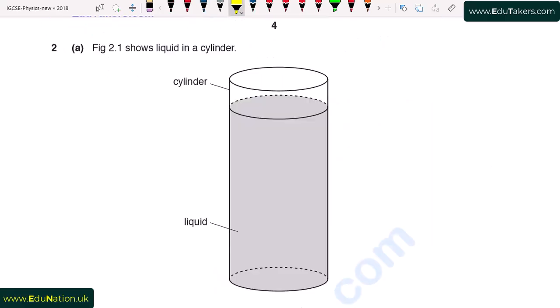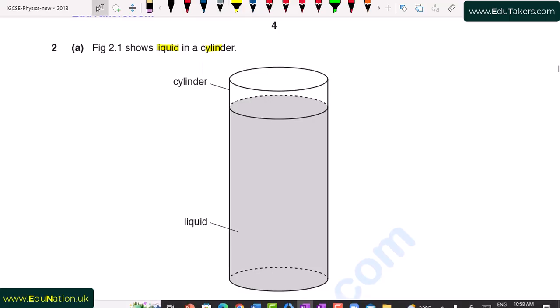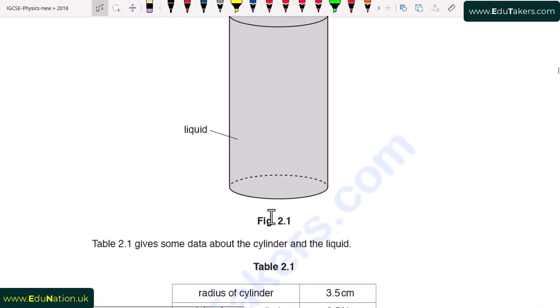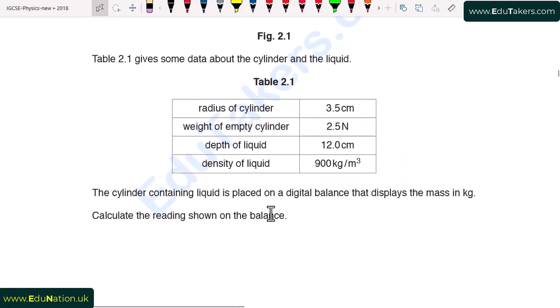Question number 2, part A. Figure 2.1 shows liquid in a cylinder. Here is figure 2.1 and there is a cylinder that is filled with the liquid. Table 2.1 gives some data about the cylinder and liquid. Here is table 2.1 and here the radius of the cylinder is given, which is 3.5 centimeter.